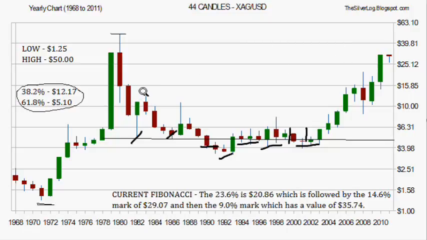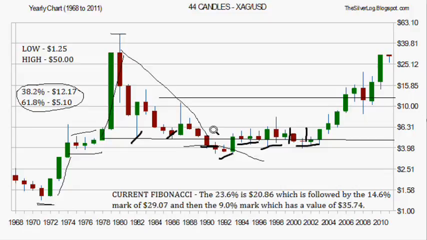But because we have held nicely above this $12 level, there should be no reason now why we will not be testing the previous resistance level of 15. Because during this time frame here, after we had this big gain throughout the 70s, the market sold off. It stabilized towards this Fibonacci level, and it finally broke out in here.